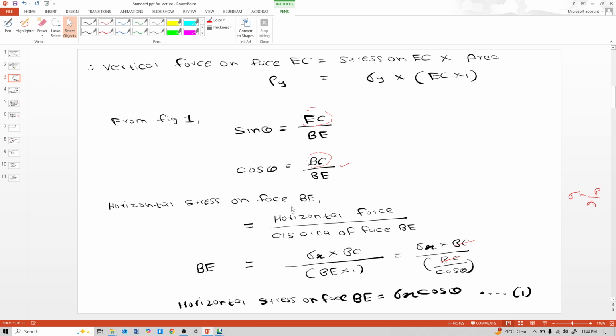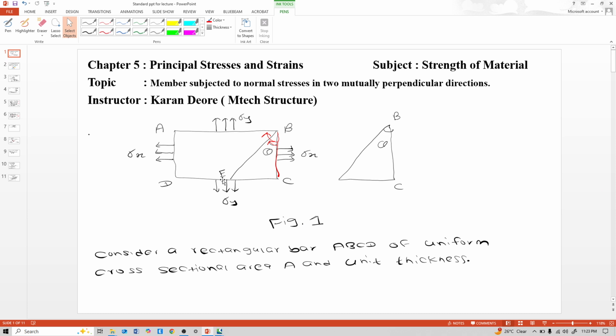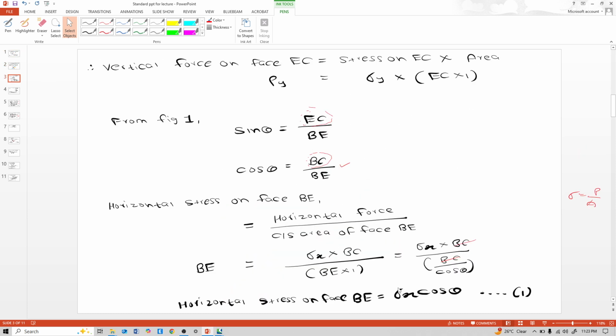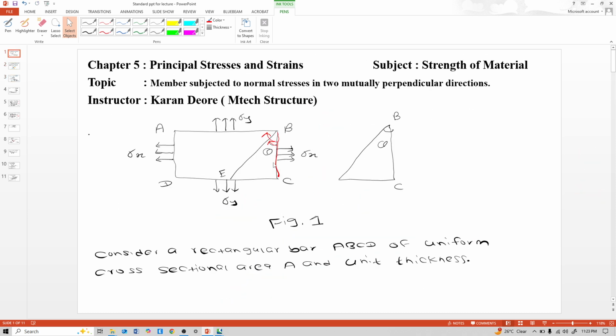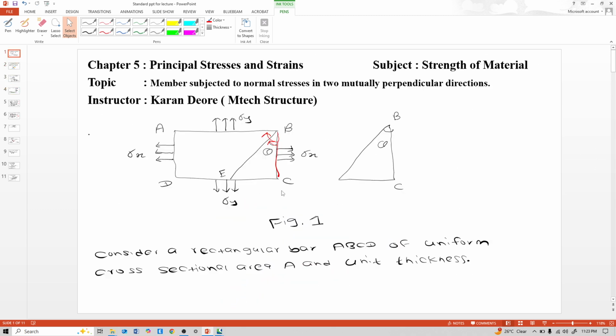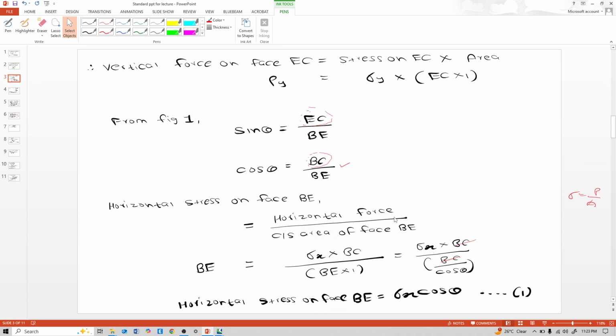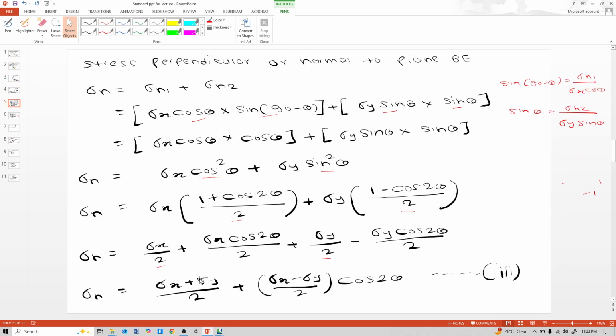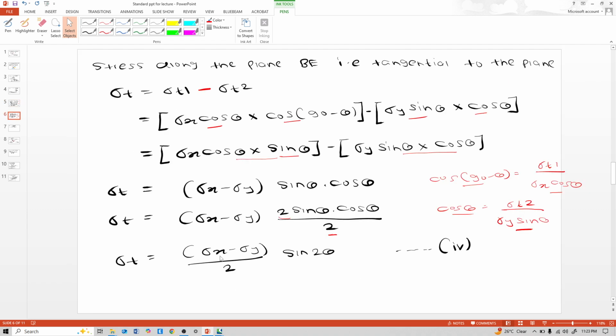The horizontal stress on face BE is sigma x cos theta, and the vertical stress on face BE is sigma y sin theta. Sigma n is equal to sigma x plus sigma y upon 2 plus sigma x minus sigma y upon 2 cos of 2 theta, and sigma t is equal to sigma x minus sigma y upon 2 into sin of 2 theta.